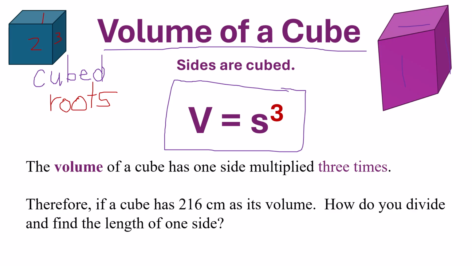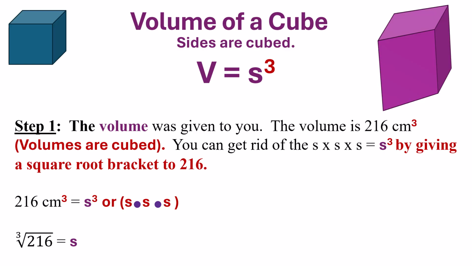So if a cube has a volume of 216 cm, how do you divide and find the length? Well, you try to look for what would go into 216 evenly, and immediately you see it ends in an even number. So if it ends in an even number, what are some of the multiples that can go into 216? You'd have like 2, 3, 4, maybe even 8.